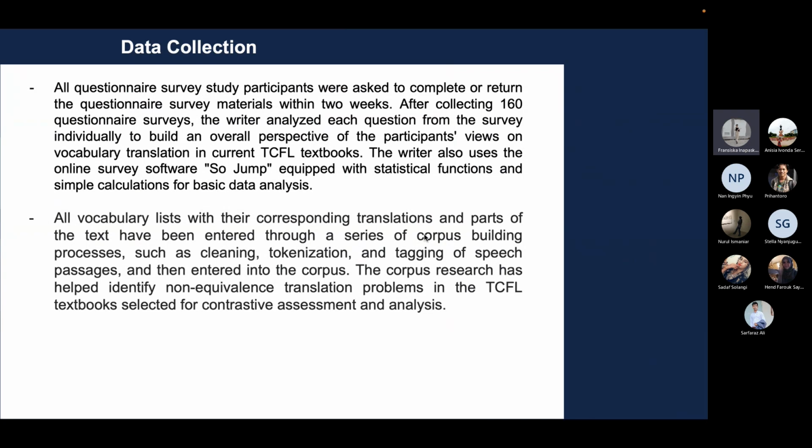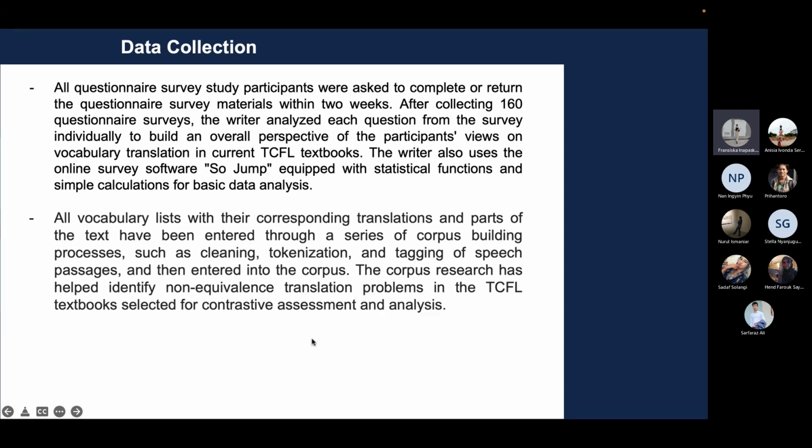The writer also uses the online survey software, SoJam, equipped with statistical functions and simple calculation for basic data analysis. And then about the vocabulary lists, all the vocabulary lists with their corresponding translation, and parts of the text, have been entered through a series of corpus building processes such as cleaning, tokenization, and tagging of speech passages, and then entered into the corpus.